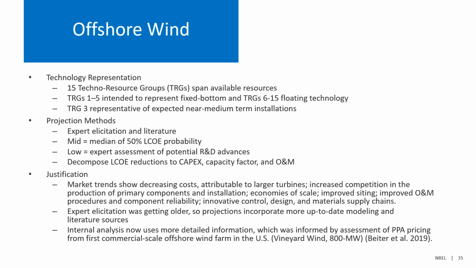For the base year, we've implemented a number of updates compared to last year's ATB. These include lowering the turbine Capex in the base year from around $1,500 per kilowatt to $1,300 based on market data. We've also lowered the export system cable costs by around a fourth based on market intelligence suggesting a decrease in costs due to supply chain competition and a change in the material use and commodity pricing.